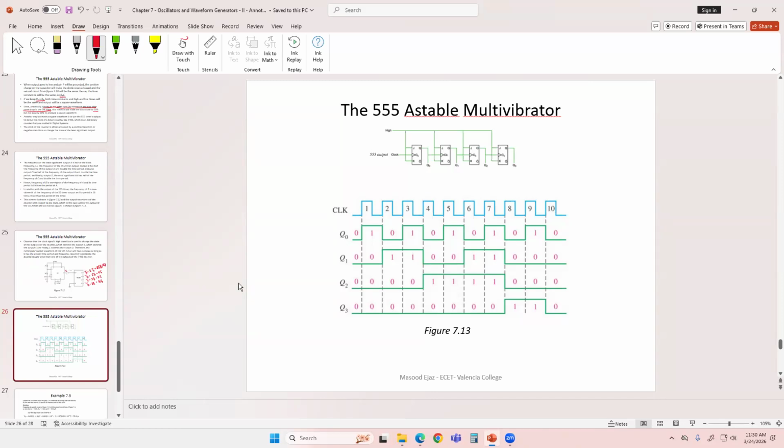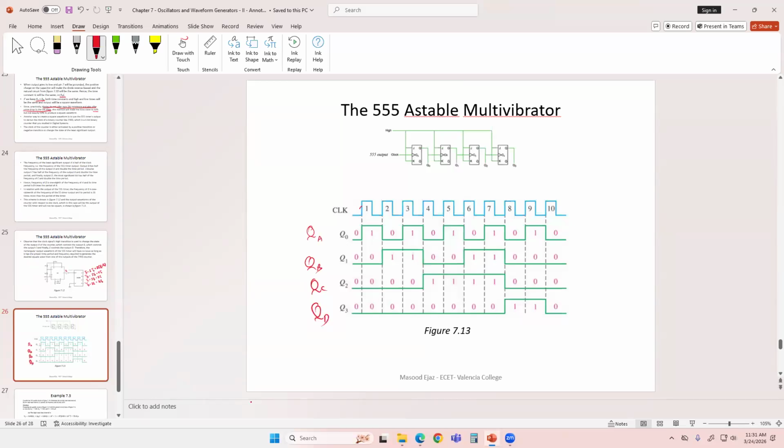So for the clock at the positive edge, the output for QA or Q0. This is QA, this is QB, QC, QD. I took the figure where it was Q0, but this is QA, QB, QC, and QD.